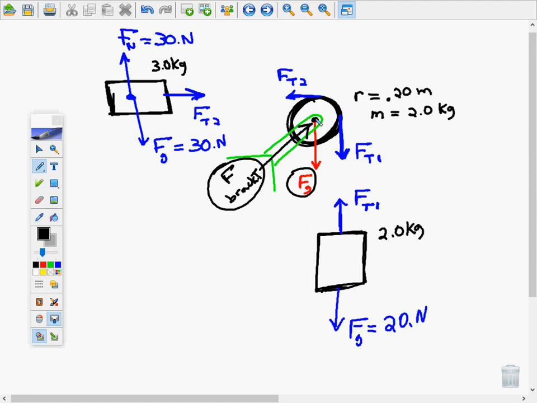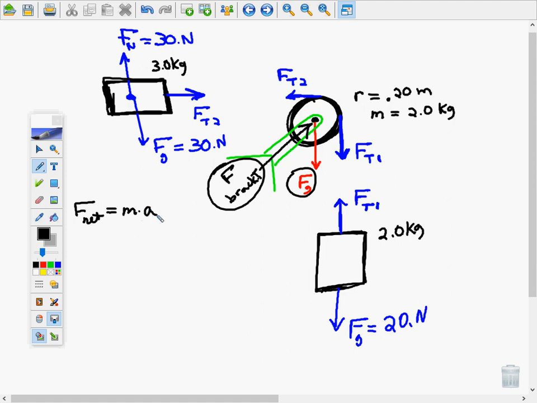So now what we have to do is apply law number 2 from a man named Newton to each of these objects. To the object over here, we're going to apply it translational style because it's going to be going forward along a straight line. So for this object over here, we're going to apply F net equals m times a.